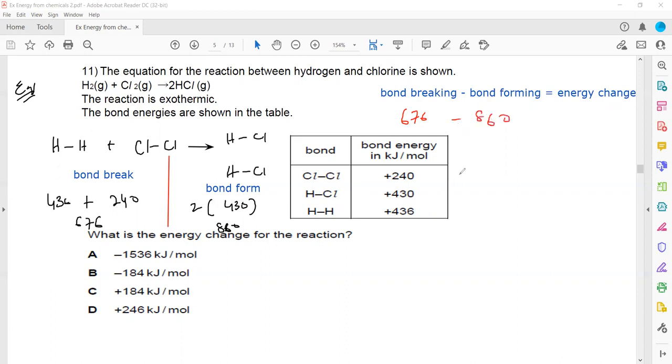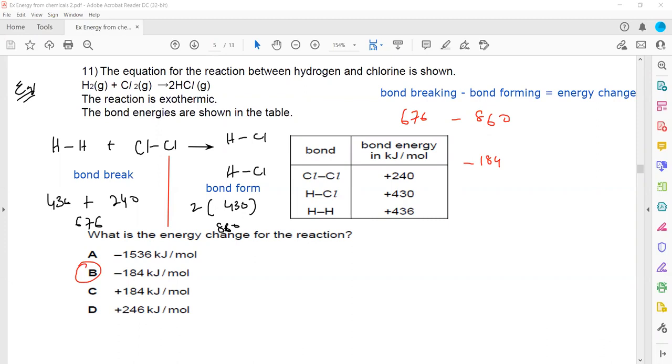So when we subtract this, 676 minus 860 will give us minus 184. So B will be the right answer.